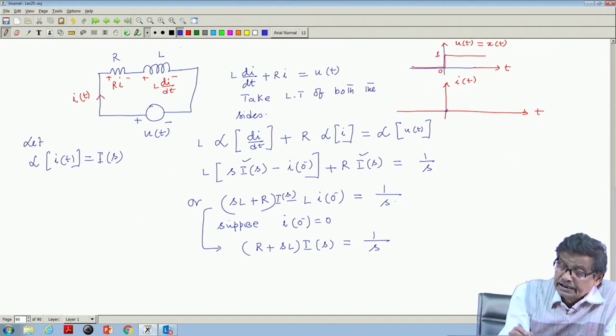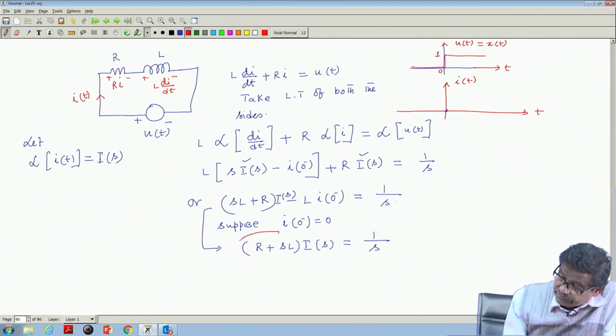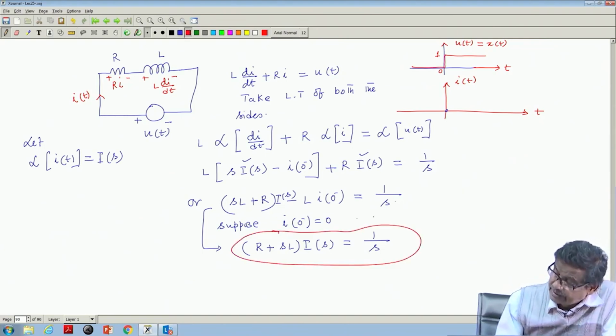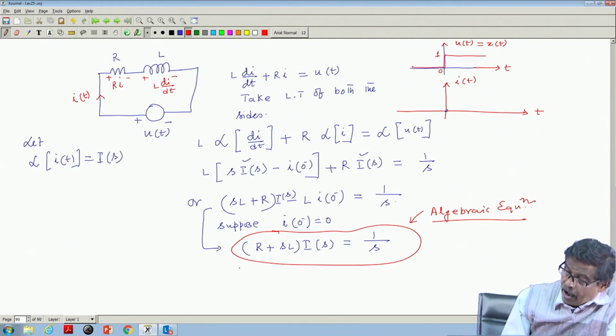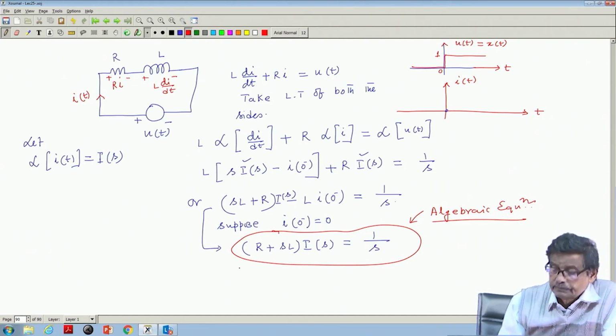So, I get an algebraic equation. Our goal is to find out I(s).